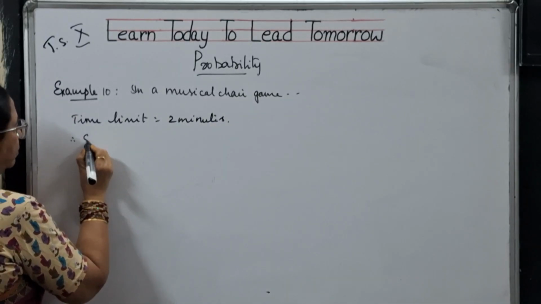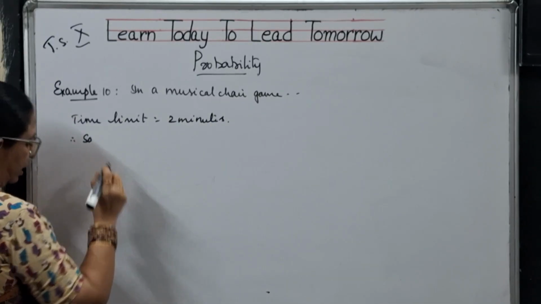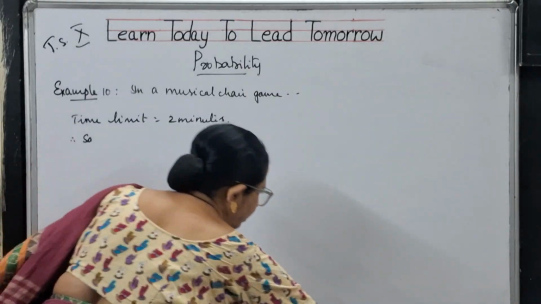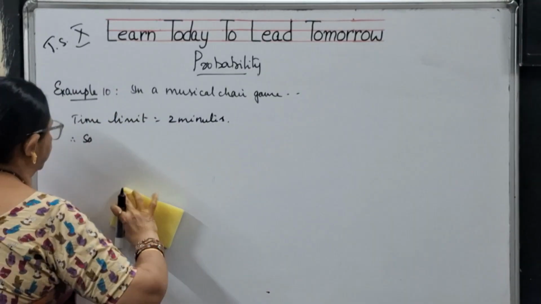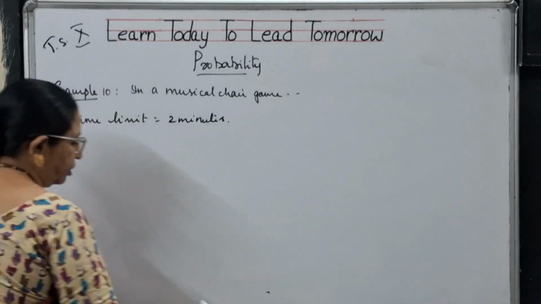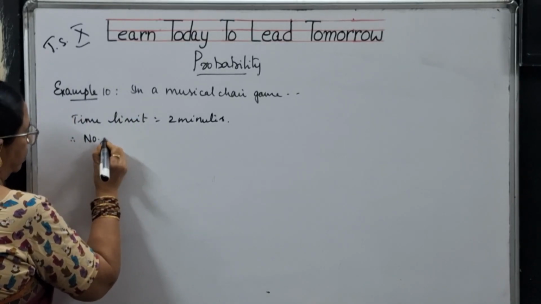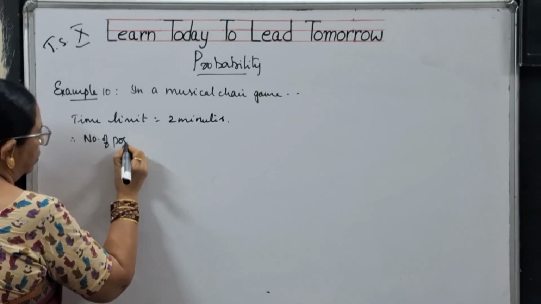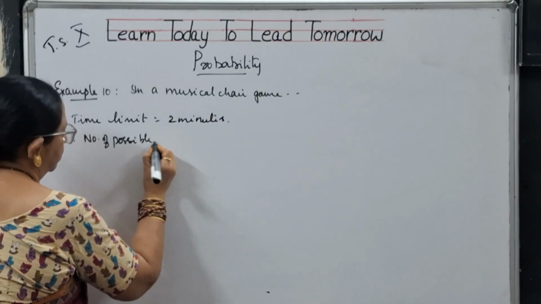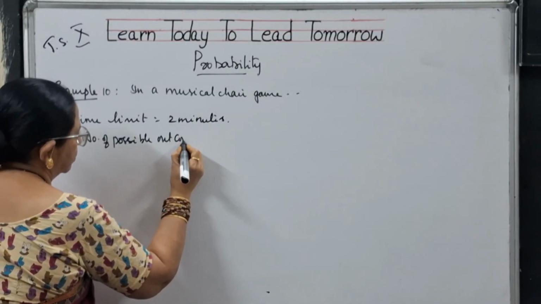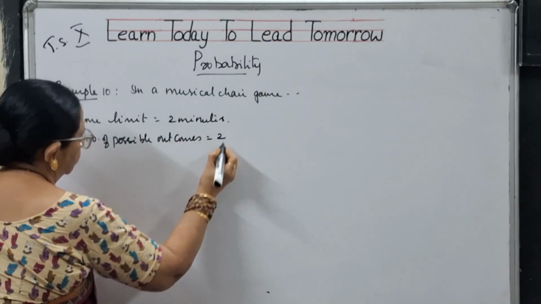That means you consider it as n(S). Take it as n(S) is 2, the number of possible outcomes is 2.